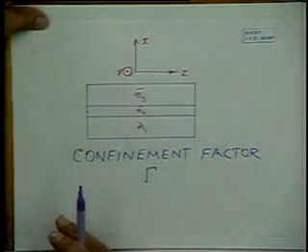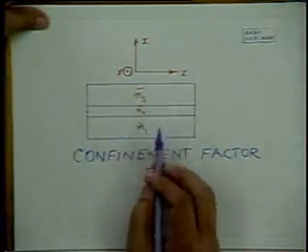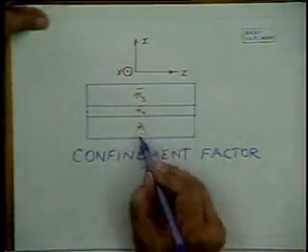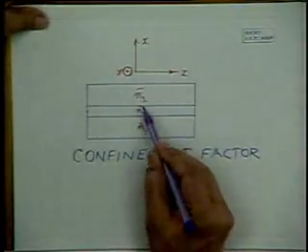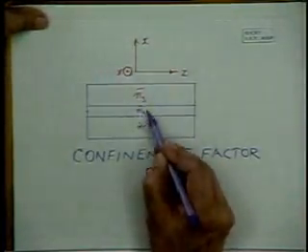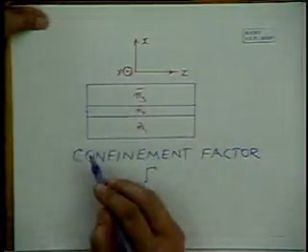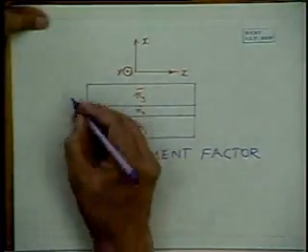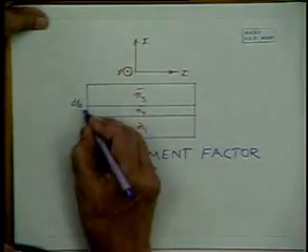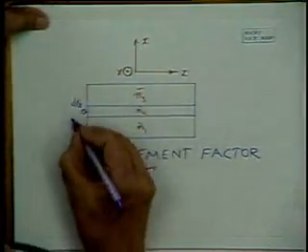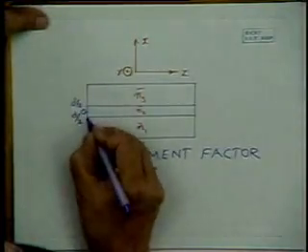It consists of an inner active layer of refractive index N2 and thickness D. Take the x-axis in this direction. The thickness is D.